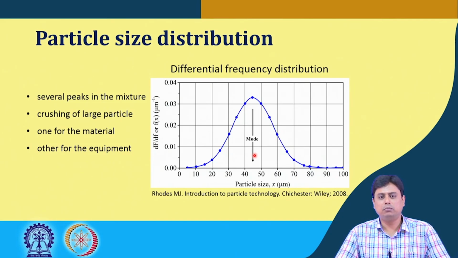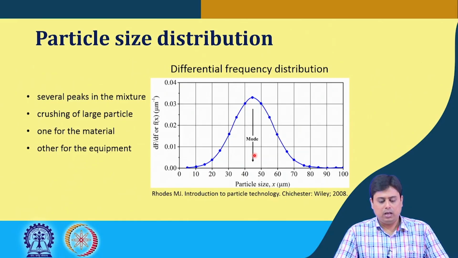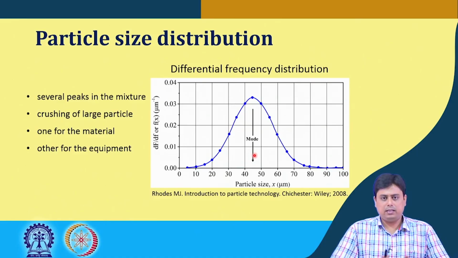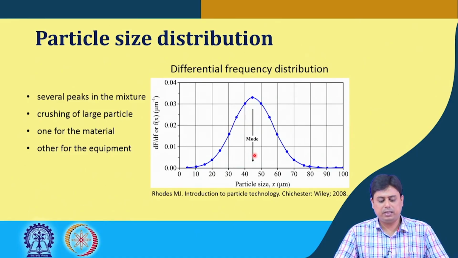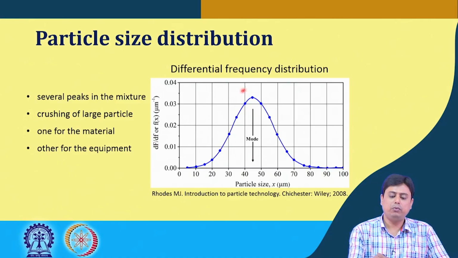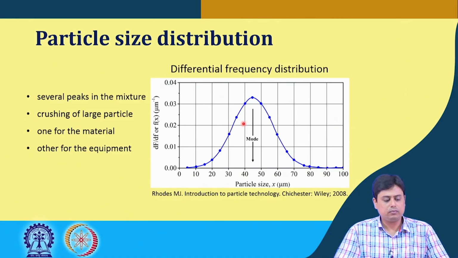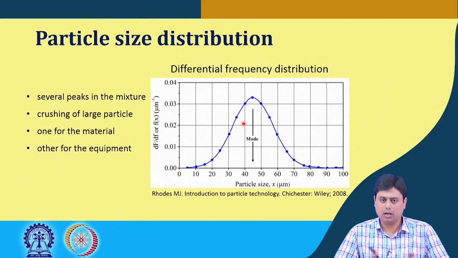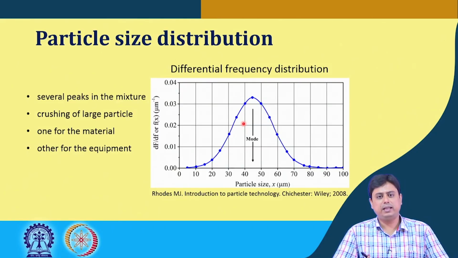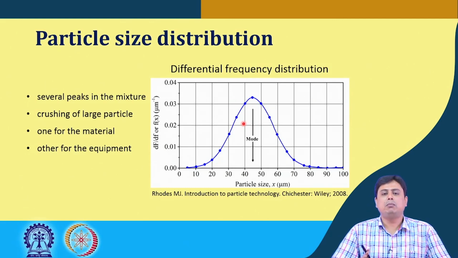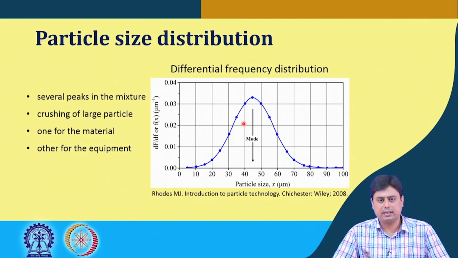We can designate one number to represent that collection of particles. This is a representative graph with only one single peak. There can be several peaks in a mixture or collection of particles. Those peaks represent the size ranges where the maximum number of particles occur in that sample.